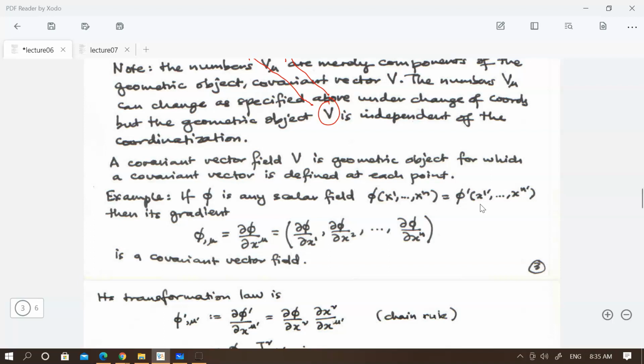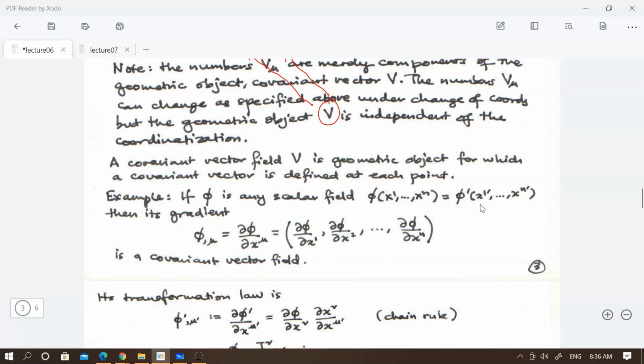Suppose I want to consider the scalar field, which is a geometric thing. Suppose I want to make a differentiation of this scalar. A differentiation would always refer to some coordinate system. So here, for example, the partial phi by partial x mu: this x mu depends on what coordinates you choose.